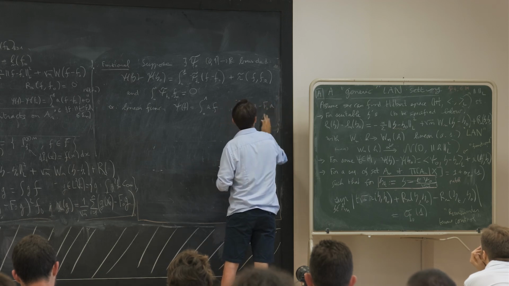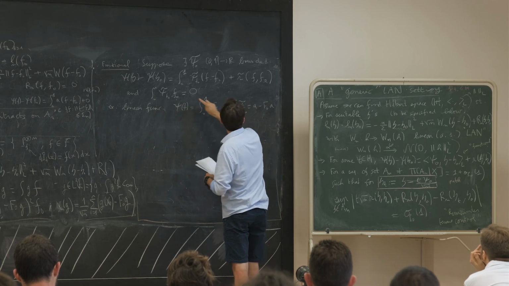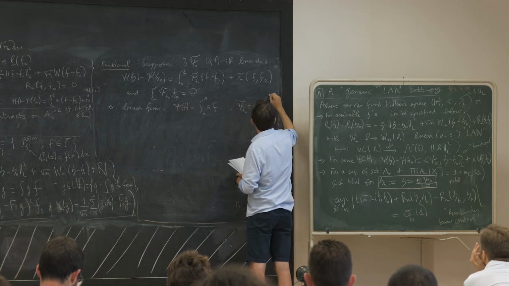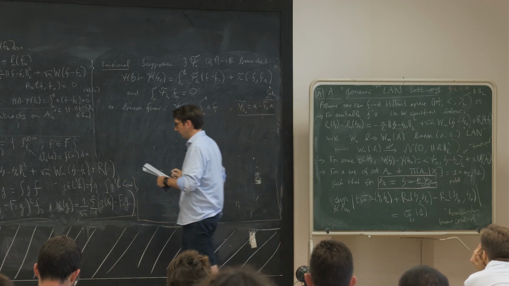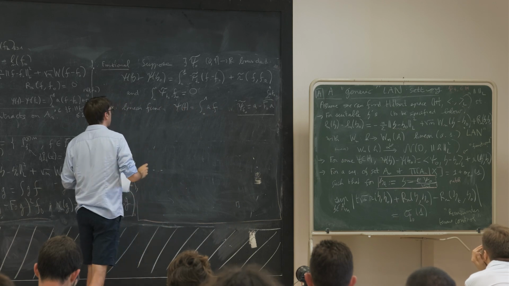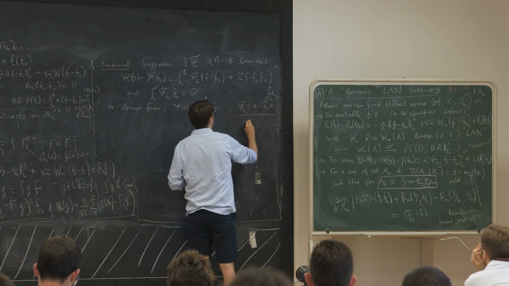So I subtract this f naught of a just to fulfill this condition. So f naught of a, again, is just the integral of a f naught. Okay, so that will work well. And then the remainder here is 0.